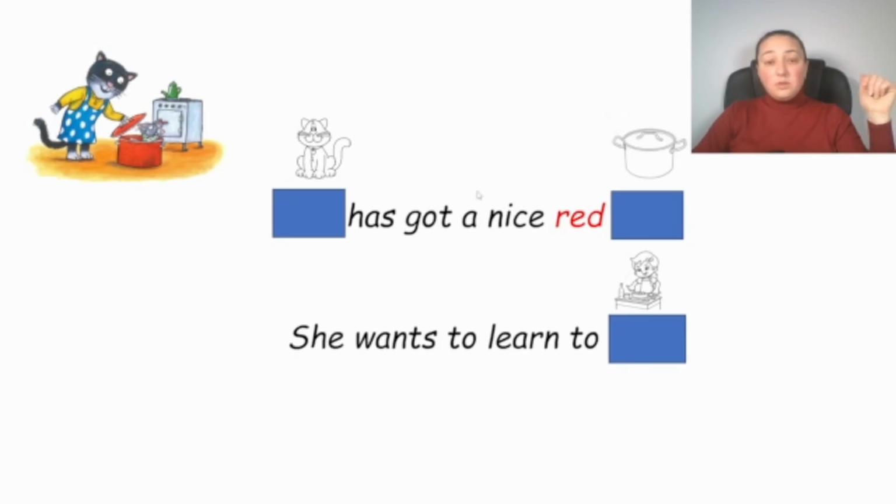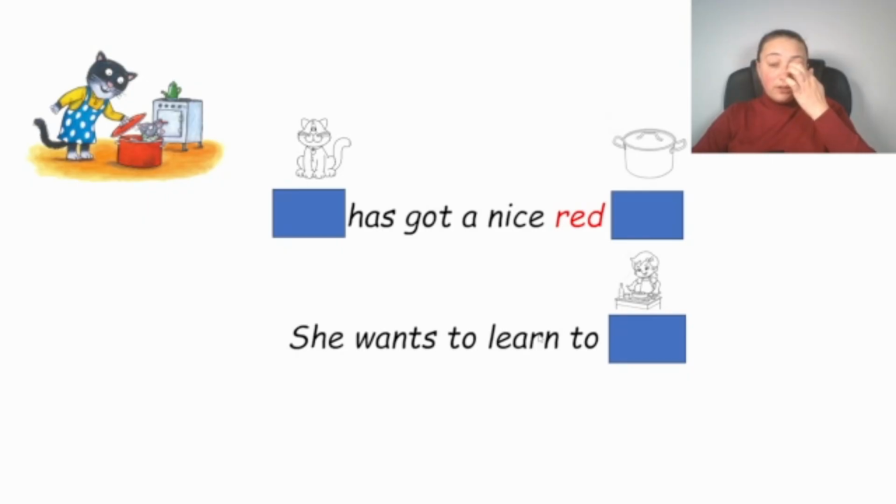And this is also a kind of buzz reading: Cat has got a nice red... she wants to learn to... Again, your students have already read and heard this text several times, so they're sure to remember.